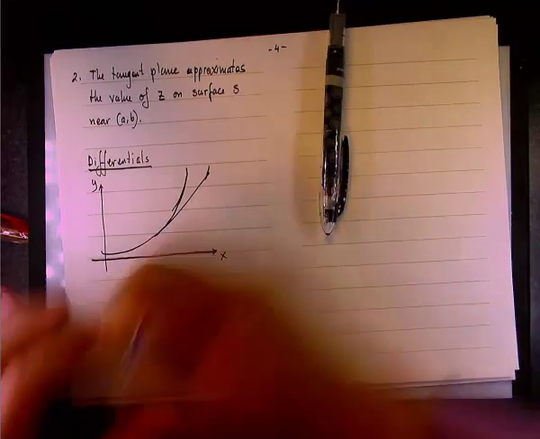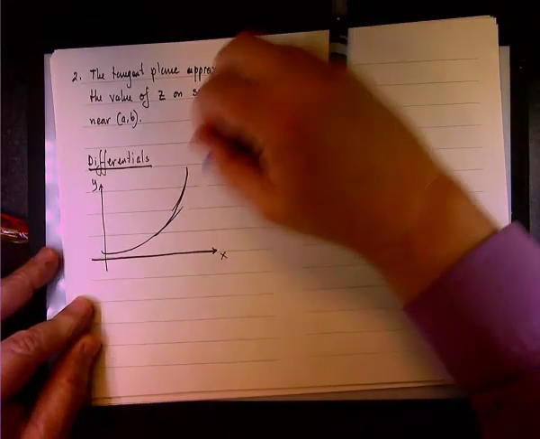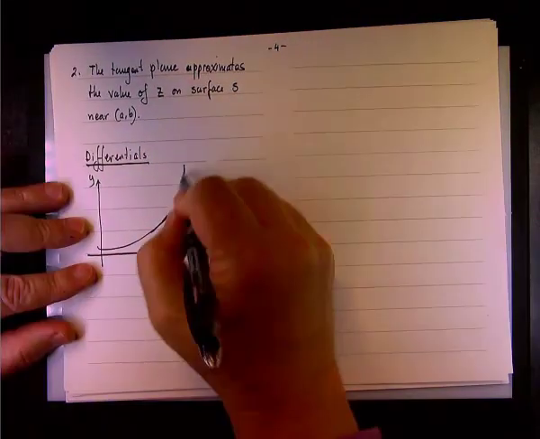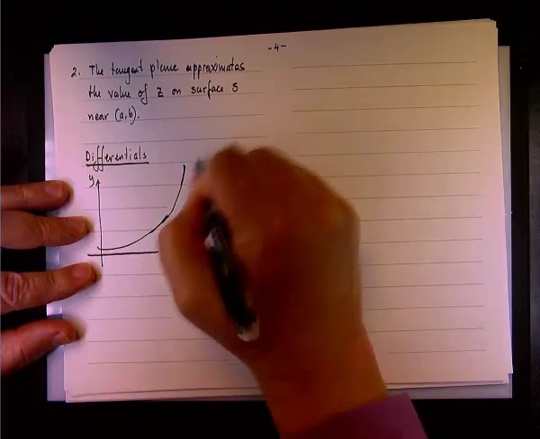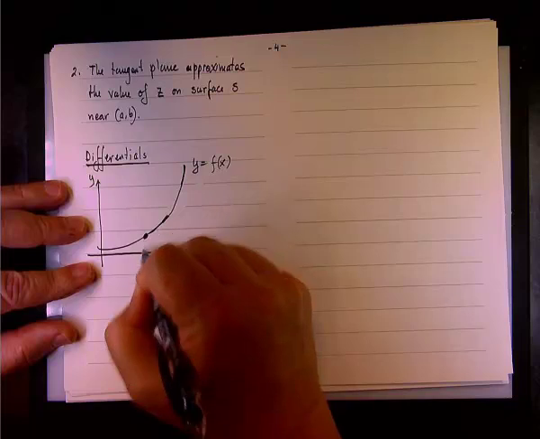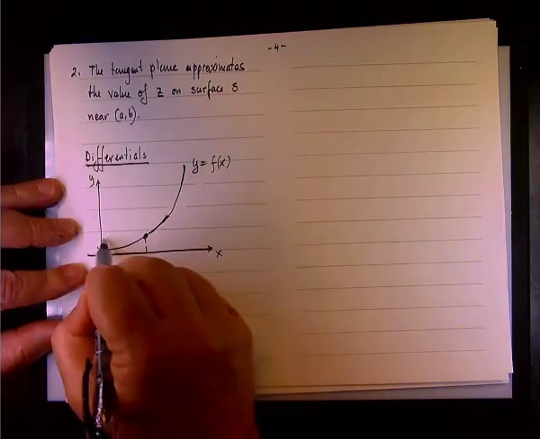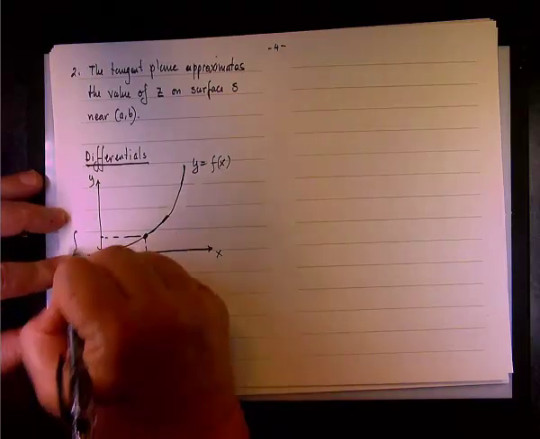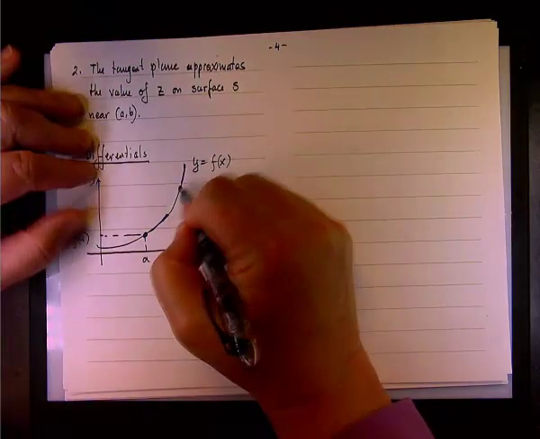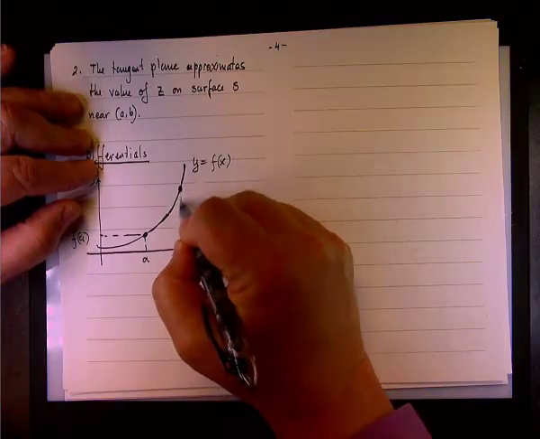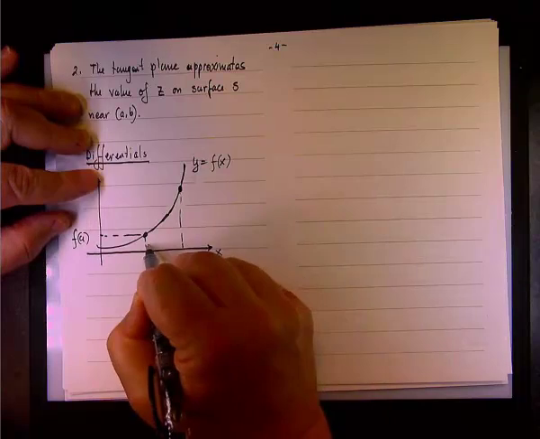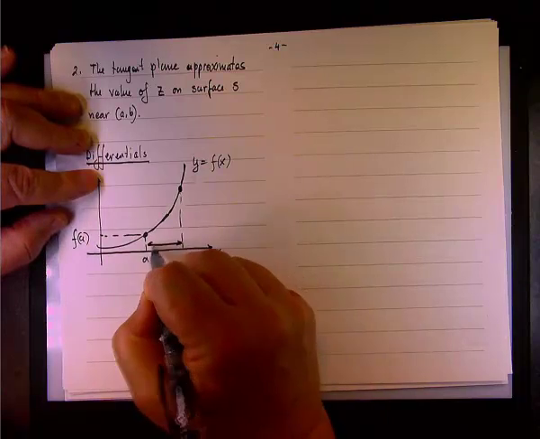If you have a curve on the xy plane, like so, actually I want to make it more curvy, like so. This is y equals f of x. Let's pick a point right here. Say this is x equals a, and this is f of a.